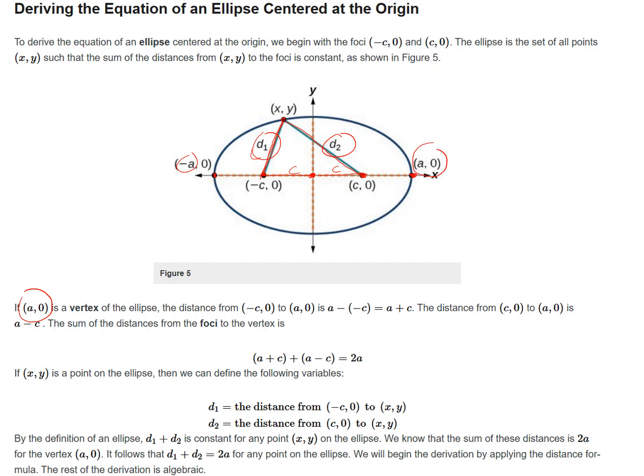So we're considering this one. If this point with these coordinates is a vertex of the ellipse, then we want the distance from this point to this one.